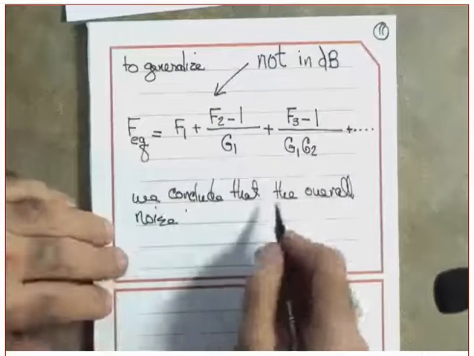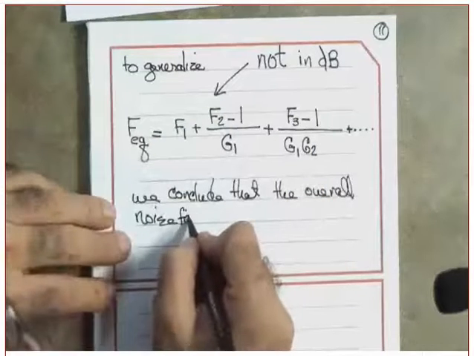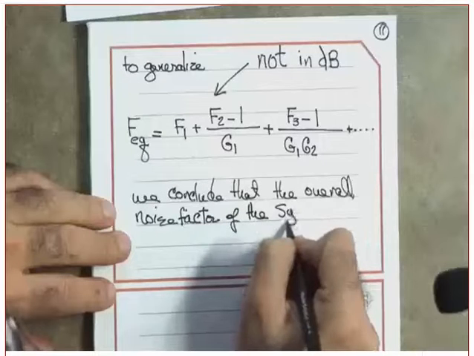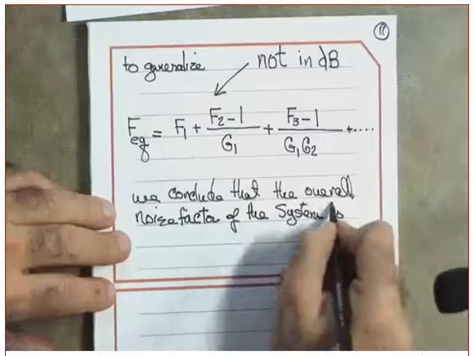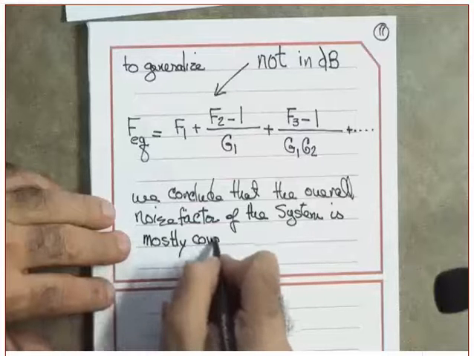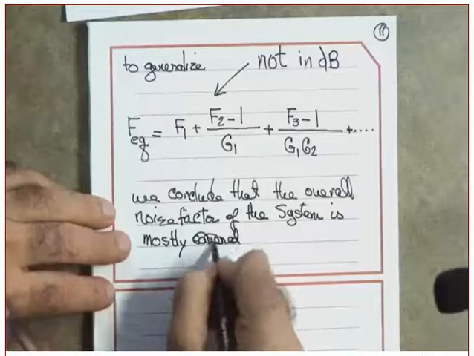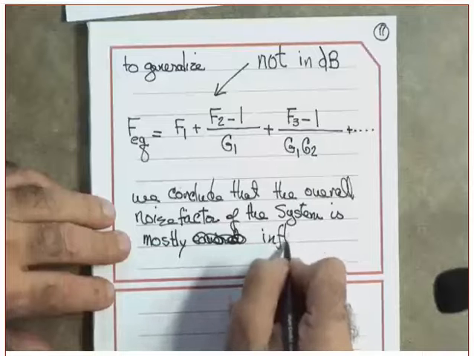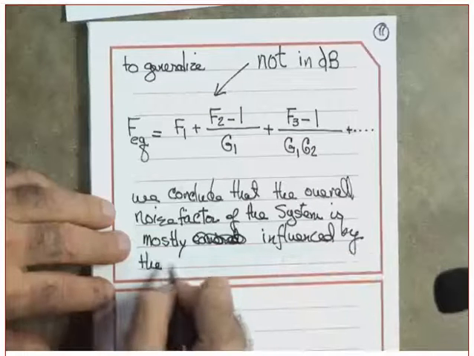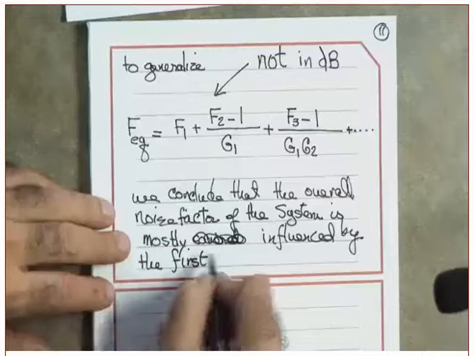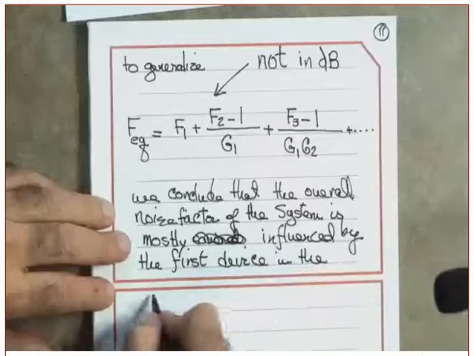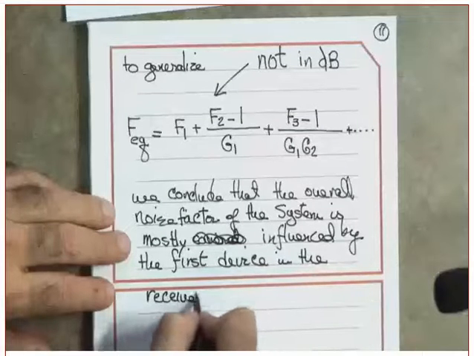We conclude that the overall noise factor of the system is mostly influenced by the first device in the receiver chain.